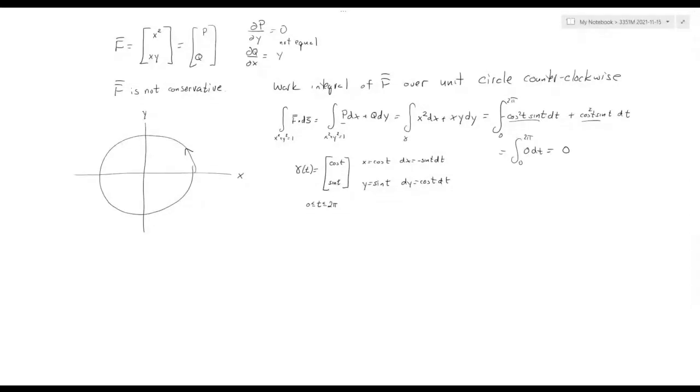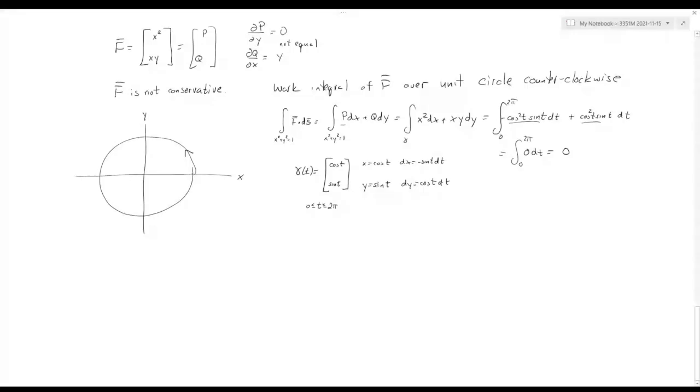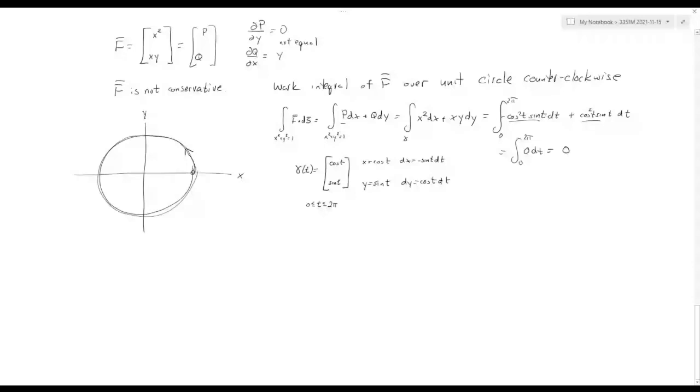All right, so now we know that if our vector field F were conservative, then this line integral over this closed path would have been 0, right? Here it just turned out to be 0. It didn't have to be.